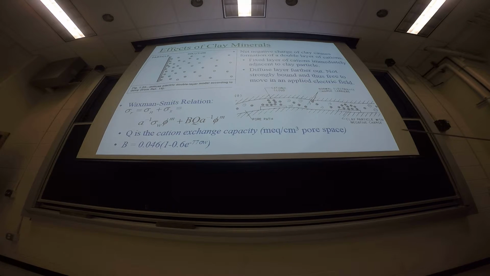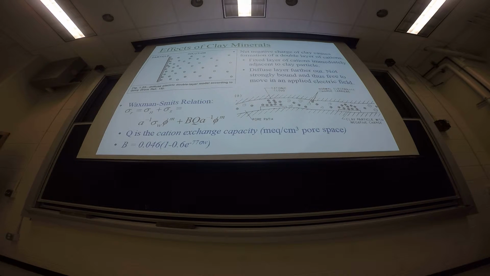One last thing to mention is, this doesn't just hold for clays. Shales, which are a more consolidated form of a clay basically, also exhibit this property, because shales are basically made of clay particles. And therefore, if you go into an oil field or somewhere where you have well-cemented rocks that contain shales, you will find that the shales tend to be the low resistivity units of the system.